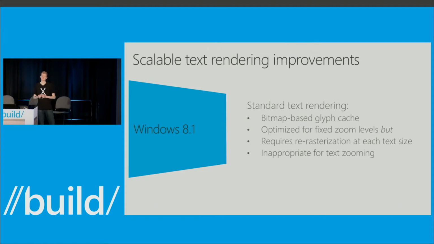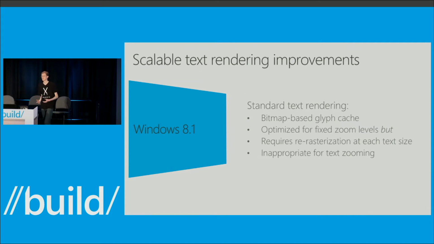And this is what happens when you had, for instance, scaling text. Say you were doing a pinch-to-zoom operation. Well, in this case, we would end up having to repeatedly re-rasterize all these glyphs at all the various zoom levels to ensure that they remain crisp. So we're doing a lot of work on the CPU, a lot of uploading to the GPU.